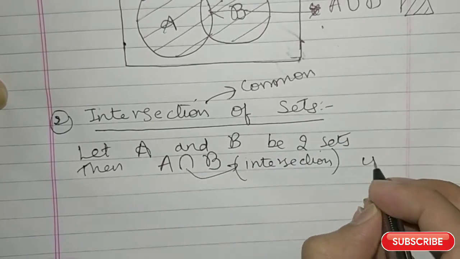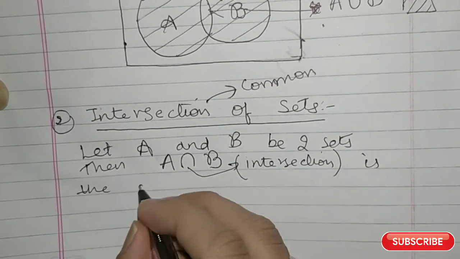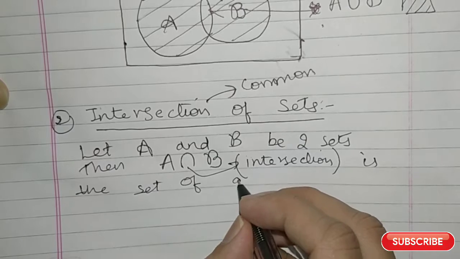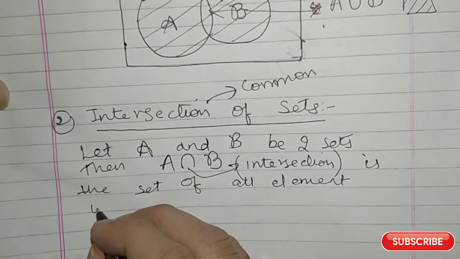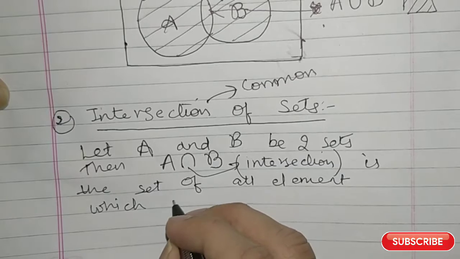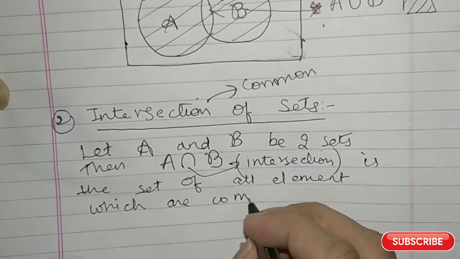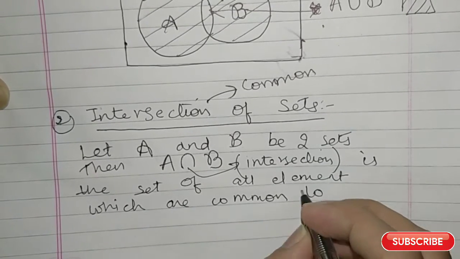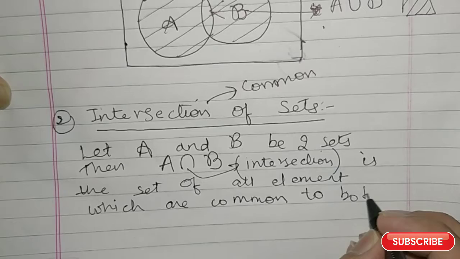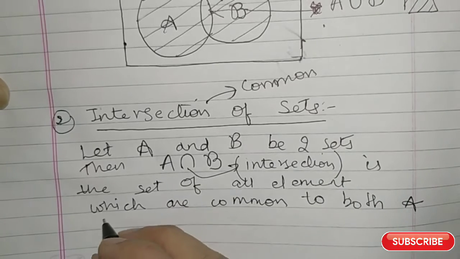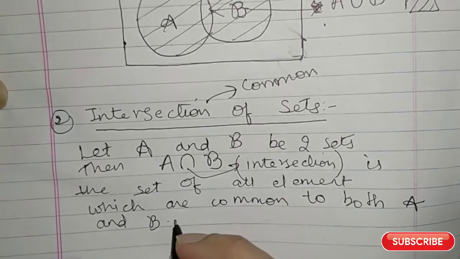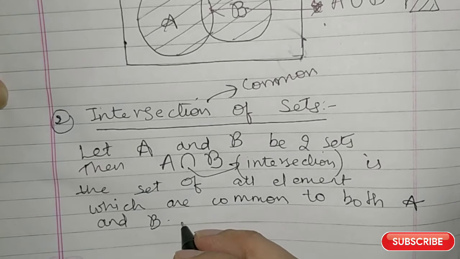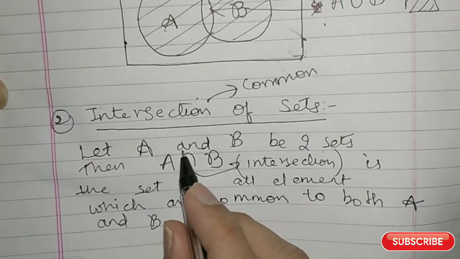A intersection B is the set of all elements which are common to both A and B. So we denote the intersection by this symbol.